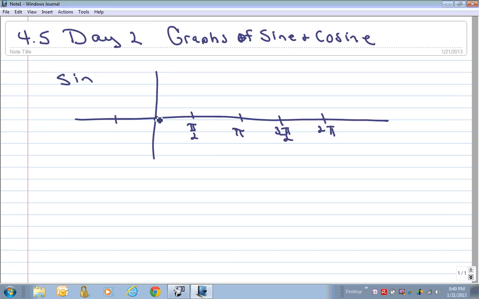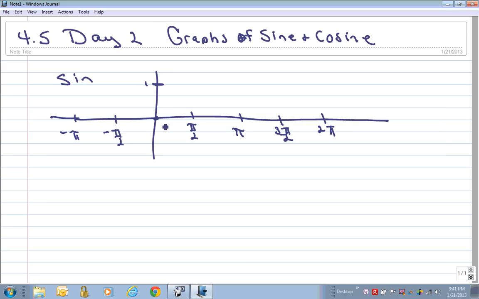And on the other way, if we went in a negative rotation, which would be a clockwise rotation, we would end up with negative pi over 2 and negative pi, and it would continue.